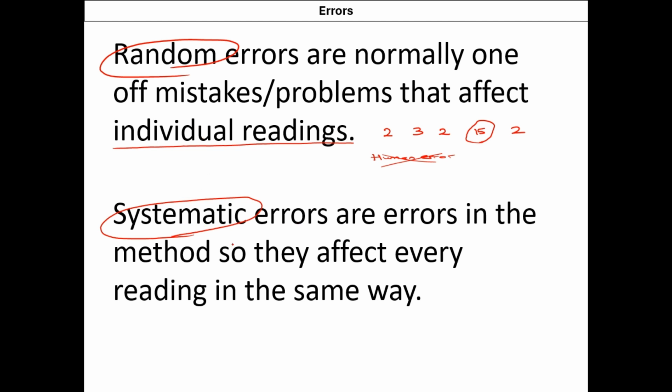Systematic errors are errors with your method. That means something is going wrong every time you make a reading. You've clamped a ruler in place and not realized that that ruler's wonky. So therefore, every reading is going to be wrong because that ruler is wonky every time. Now, systematic errors are hard to see because every reading's affected.